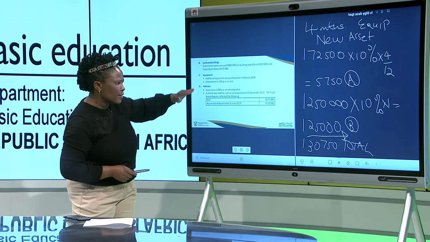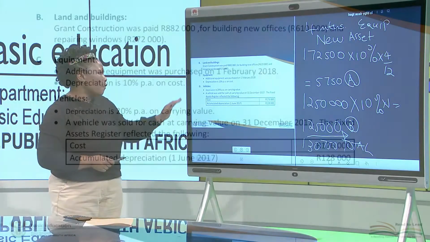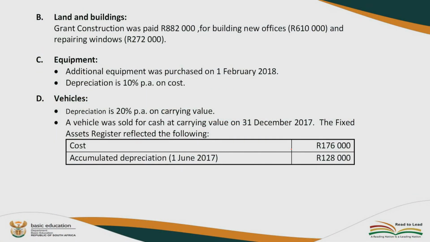Okay, let us look now at the information that is provided to us in the activity. For your D, depreciation is sitting at 20% per annum. It is at 20% per annum on a carrying value, diminishing value. And a vehicle was sold for cash at a carrying value on 31 December 2017.